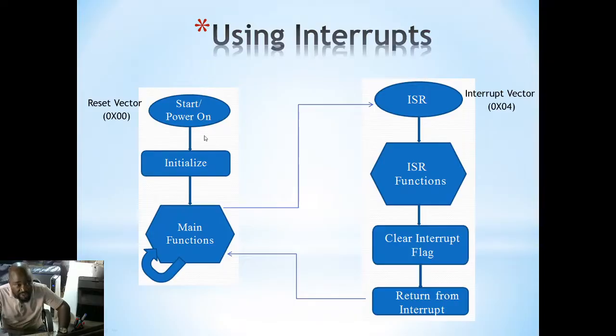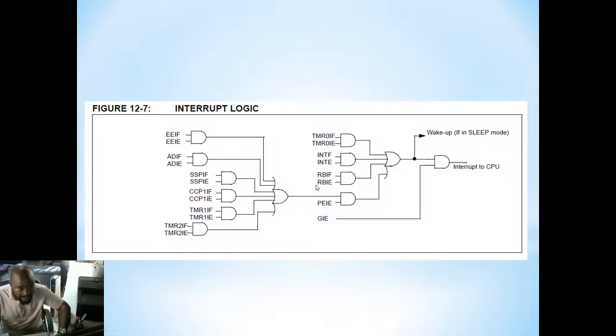The one for the main program, and the one for the interrupt service routine, where the CPU jumps from the main program and starts executing what we call the interrupt service routine from the interrupt vector address 04, all the way through the instructions, up until we return from interrupt and go back to the main function. Let's implement this practically now.